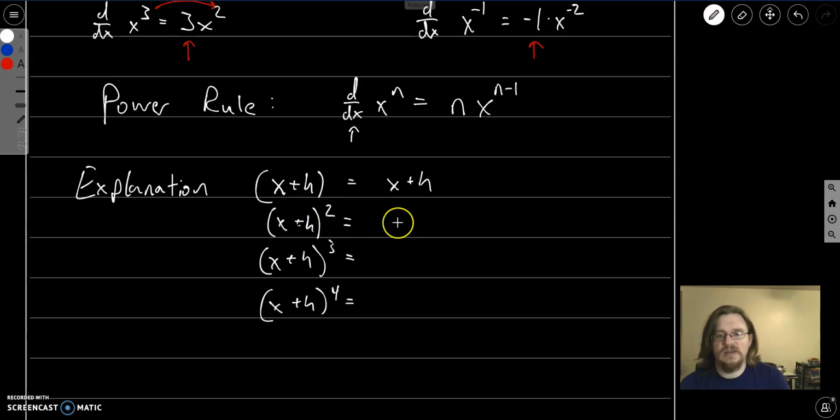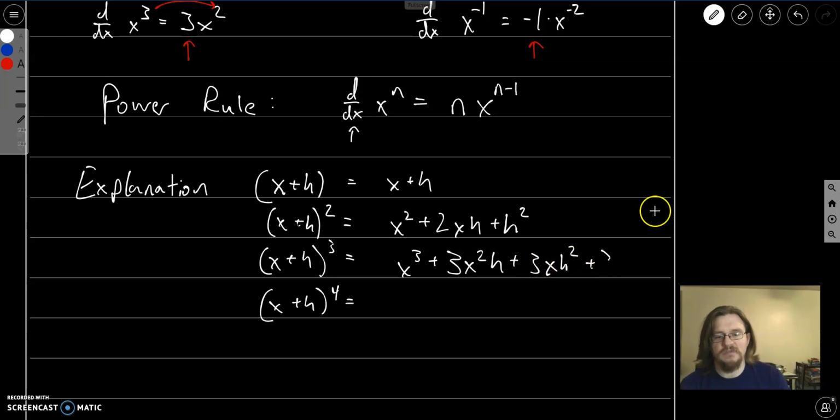If I square that, we end up getting x squared plus 2xh plus h squared. To the third power, we'll start to notice that there's a nice pattern going on here. If you're familiar with Pascal's triangle, the coefficients are just those numbers.